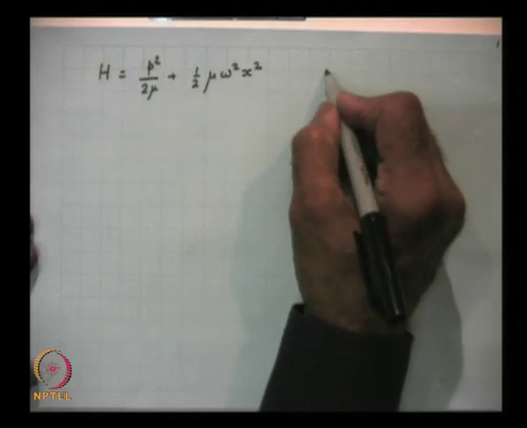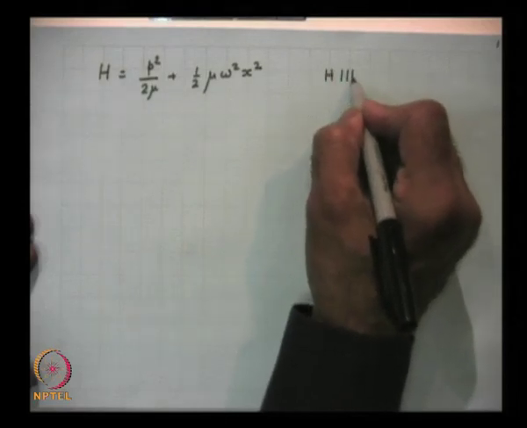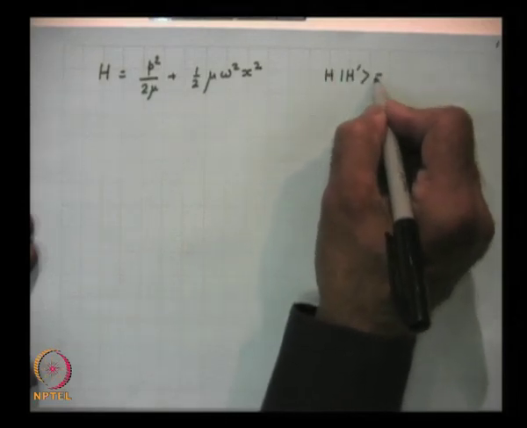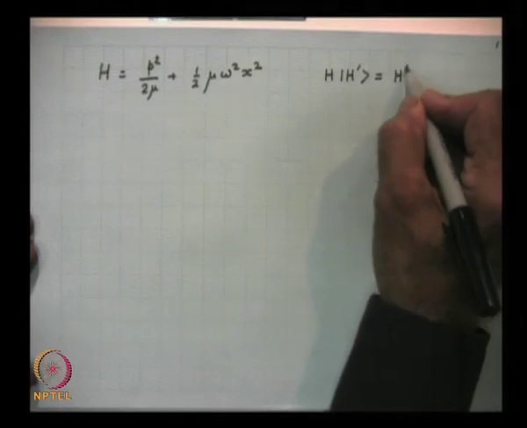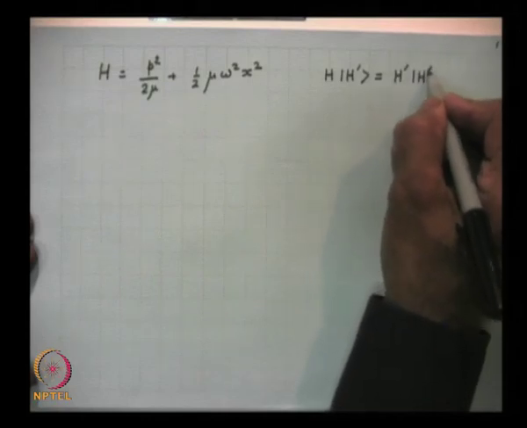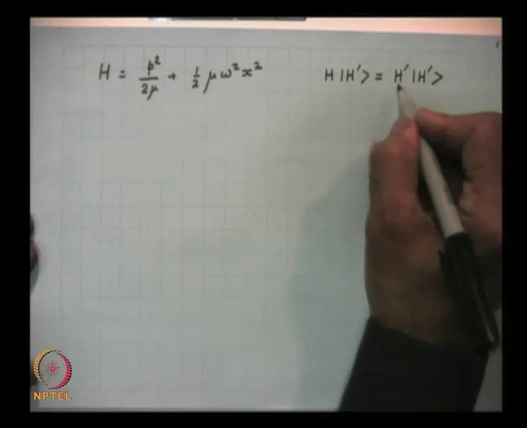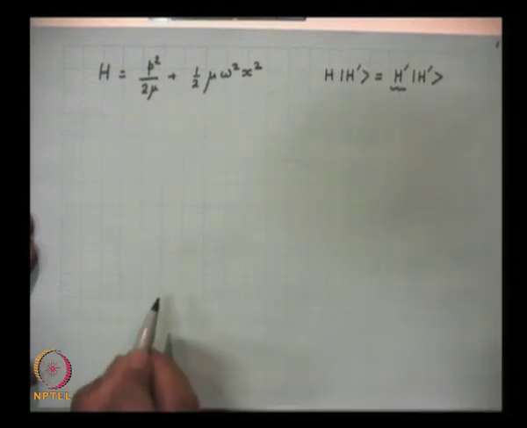Our objective was to solve the eigenvalue equation, where h prime is the eigenvalue and ket h prime represents the corresponding eigenket.